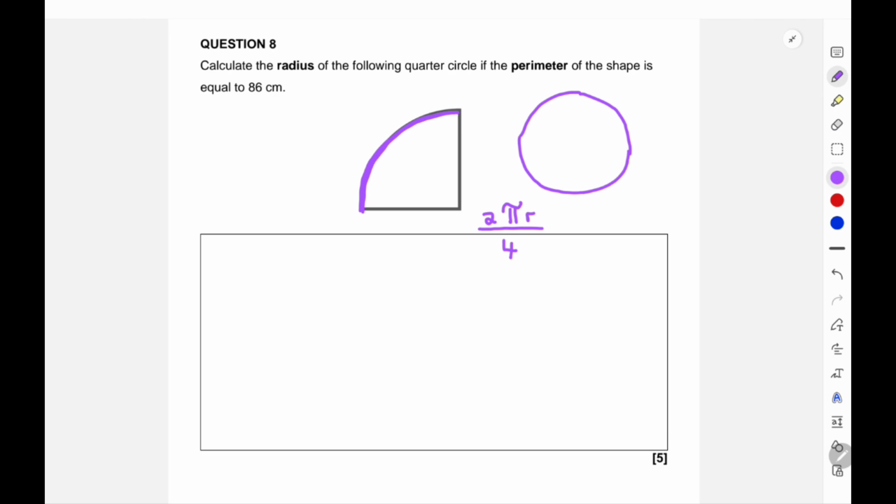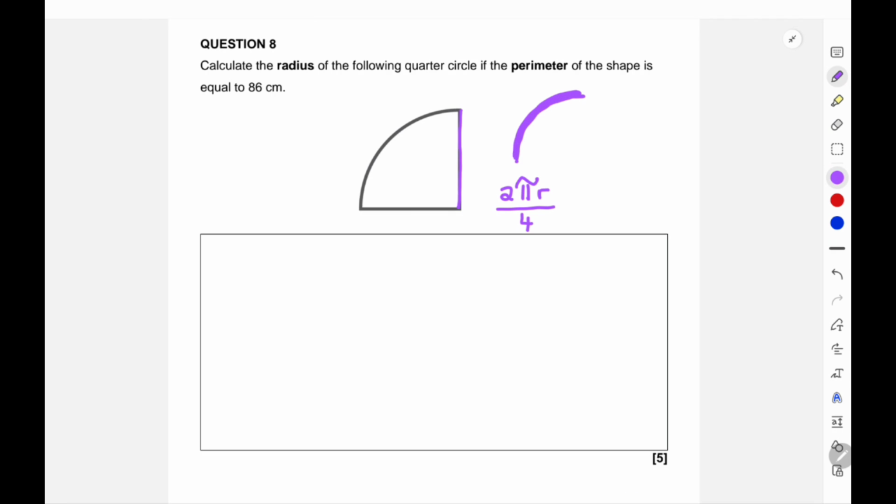So I'm going to do that with this picture that I've just drawn here. Can you see that I am only left with this arch over there? So your formula is 2 pi r divided by 4 gives you only this arch.